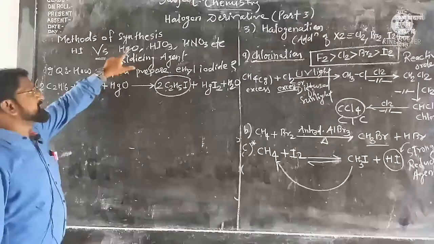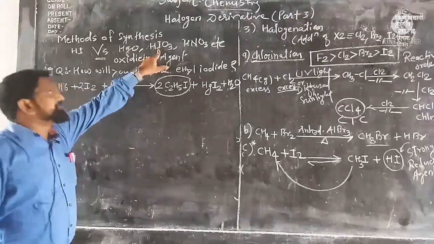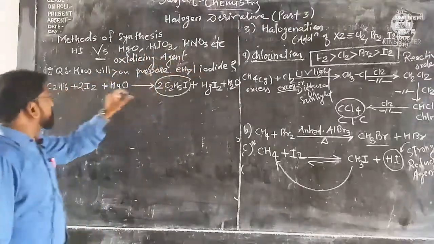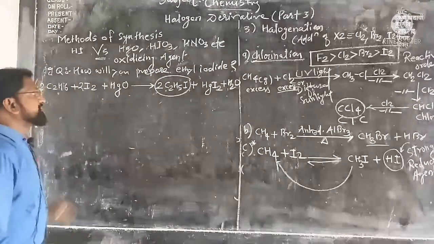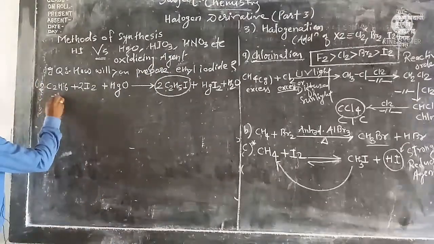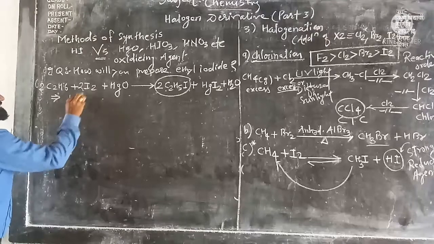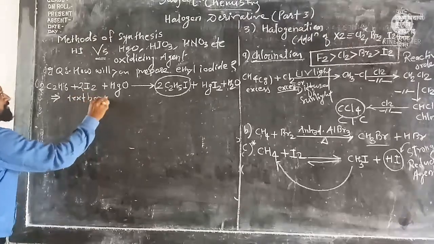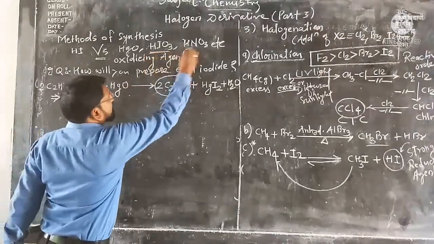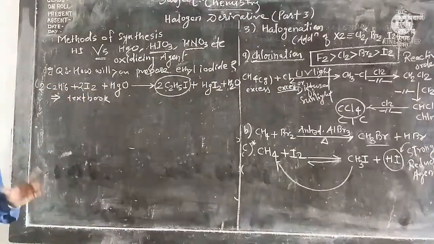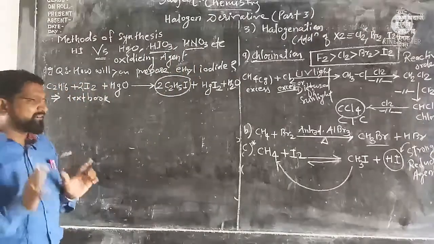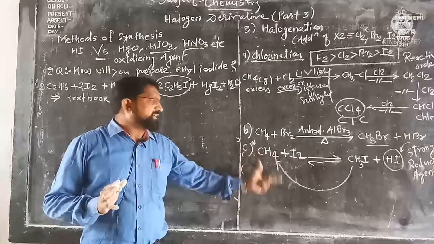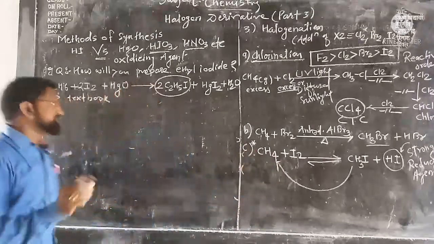So in this way, by using HIO3 or nitric acid, you can prevent this reversibility. If you want more detail, you can go through the textbook. But the point to be noted is why direct iodination is not possible.